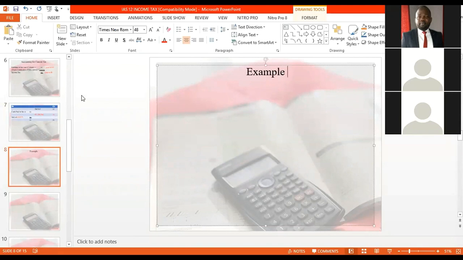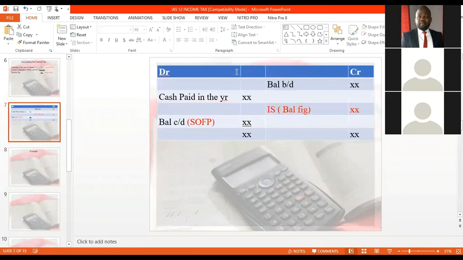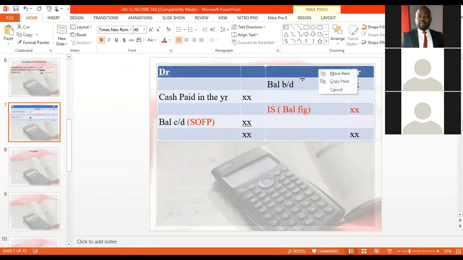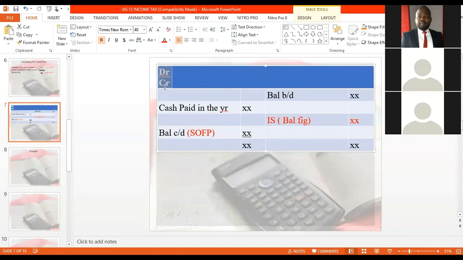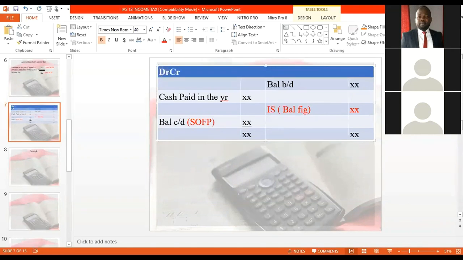Okay, I'm being asked to name the account. The account is income tax. I was just trying to do some editing, trying to merge the cells. Okay, it has managed to merge.